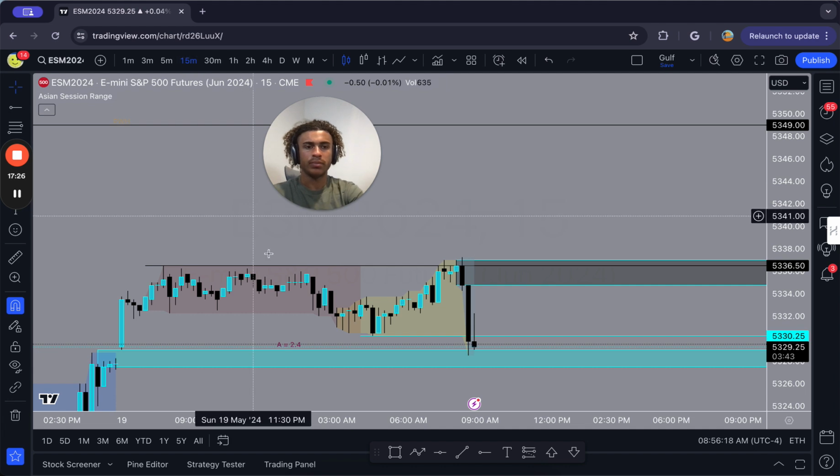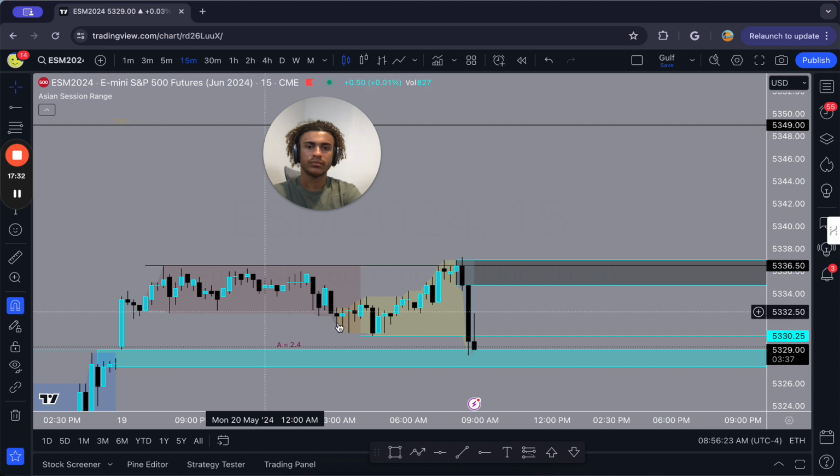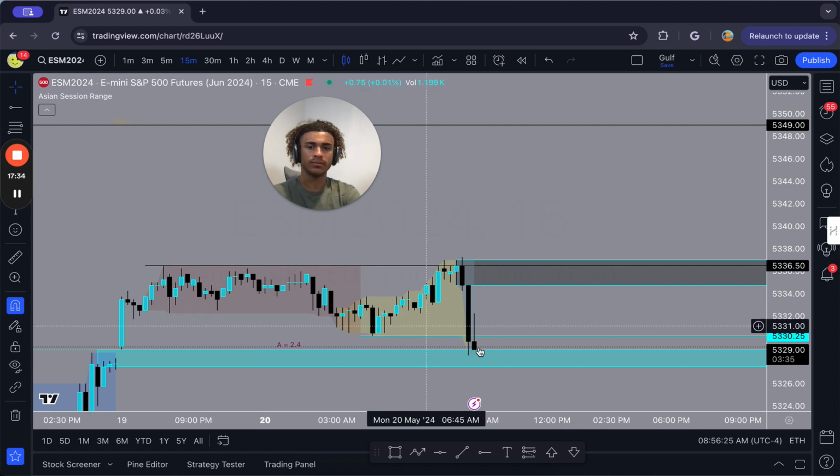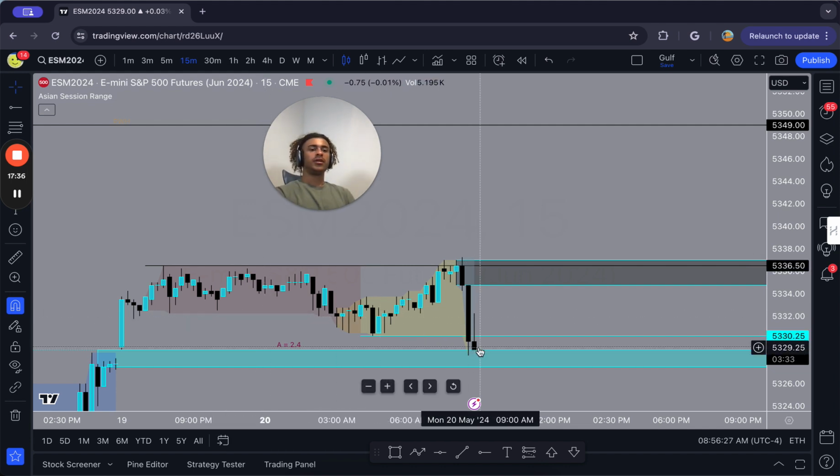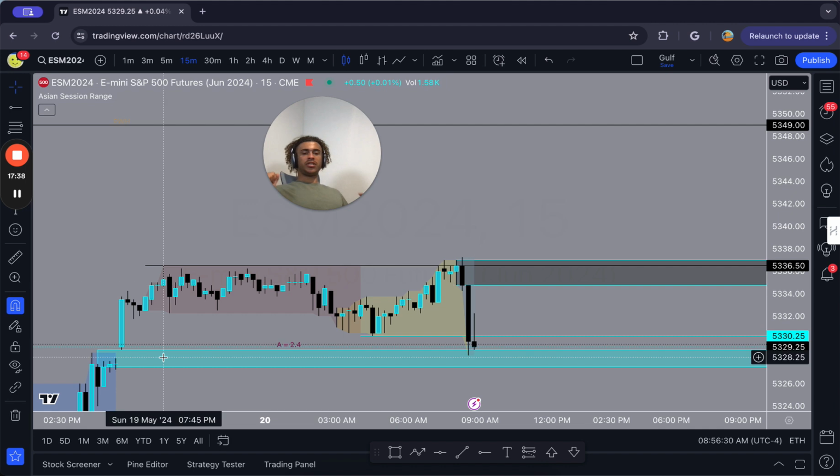It's definitely a pretty small range so far today. So this is our high. This currently is our low if we close below here. So not a big range yet. So let's see what direction we break out to.